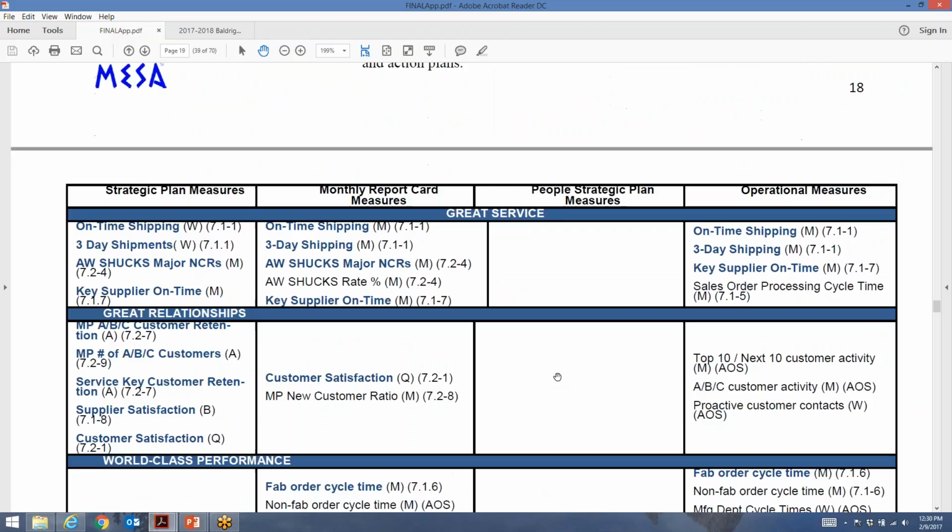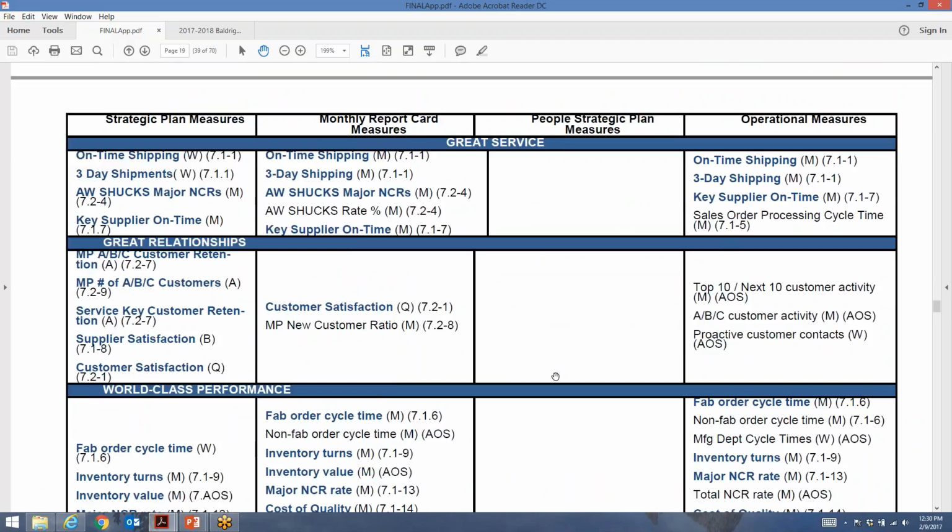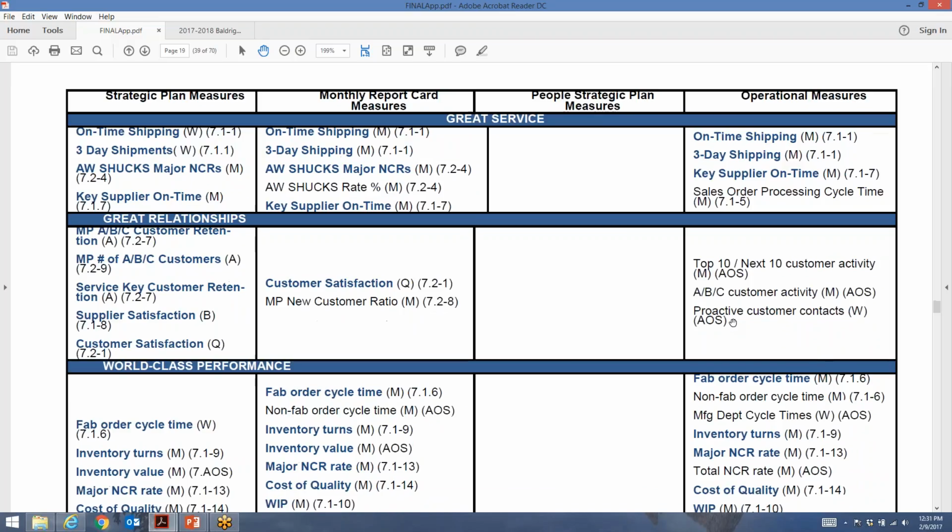So when you get down to what are your key measures? Now, again, I just want to demonstrate to you, this is perhaps the ugliest Baldrige application that's ever been submitted. And you can see here, look at this, column, not even aligned. How do you get away with that? Anyway, they didn't mark that up and send it back to us to redo. So give yourself a table with those key performance measures. Make it look pretty robust. We've got some strategic plan measures, some things we were doing monthly to look at. We had a people strategic plan, I'll tell you about that in just a little bit, and some operational stuff.